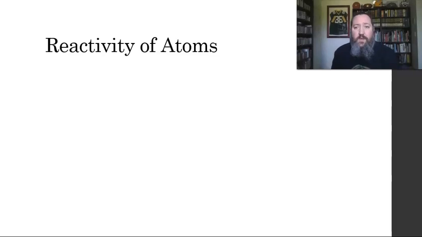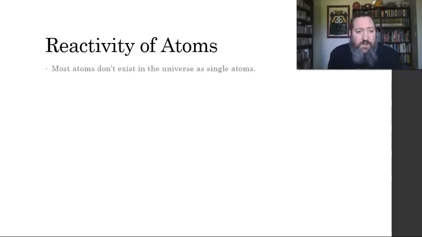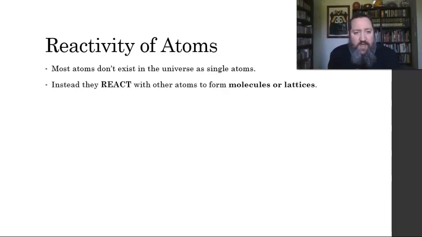All right, so for the most part, atoms don't exist on their own. If you were to look at stuff that's out there in the universe, most of what we would find around us is not actually single atoms. They generally react to form molecules or lattices, the two types of structures that they create.